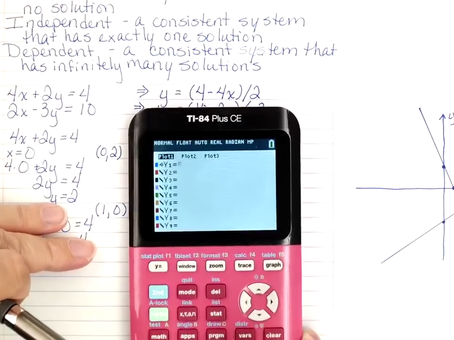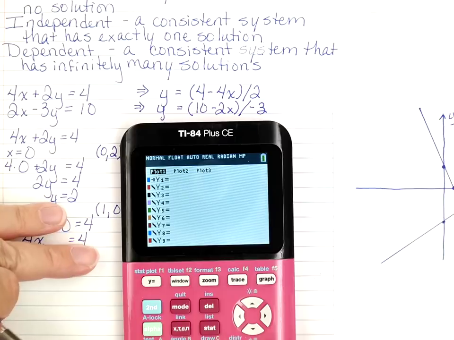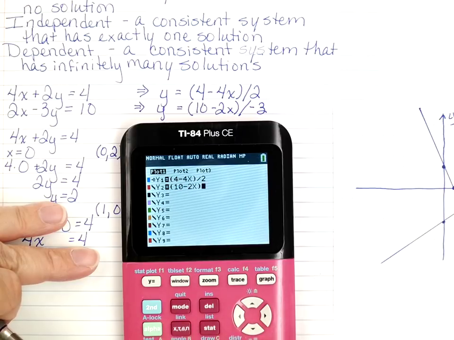So on my calculator, I'm going to have (4 minus 4x) divided by 2. Yes, parentheses are important. And then I'm going to have (10 minus 2x) divided by, remember the negative is down by the decimal, negative 3.